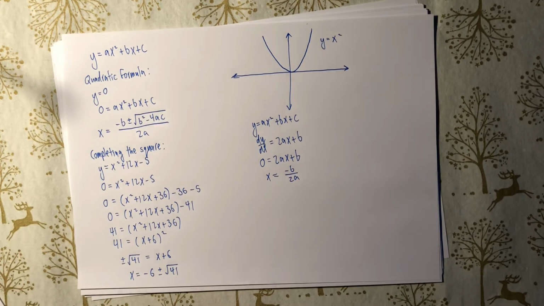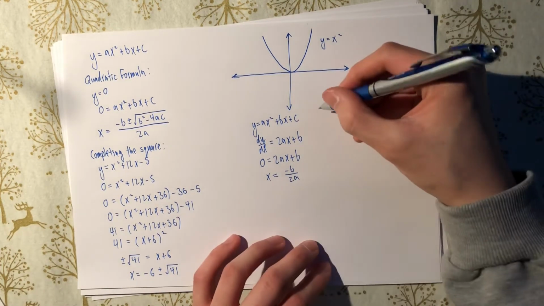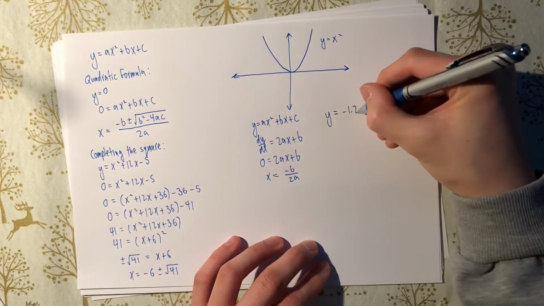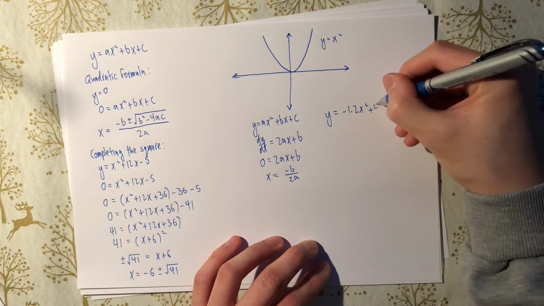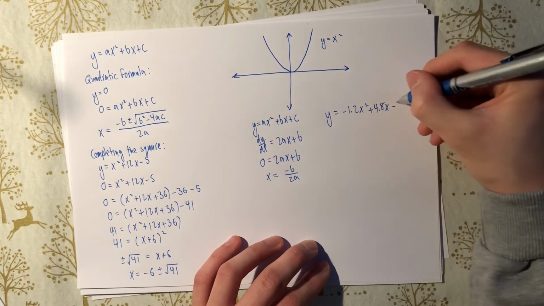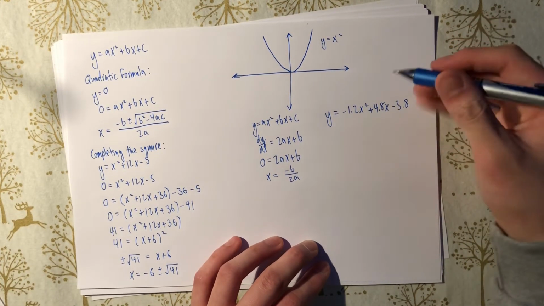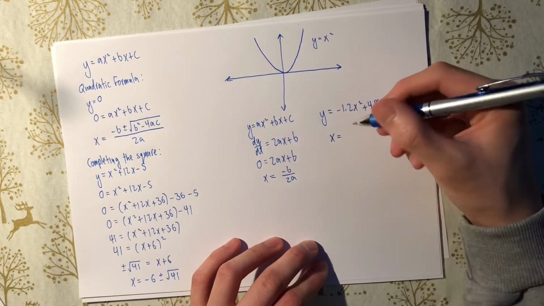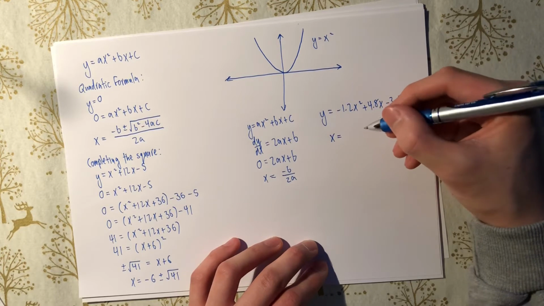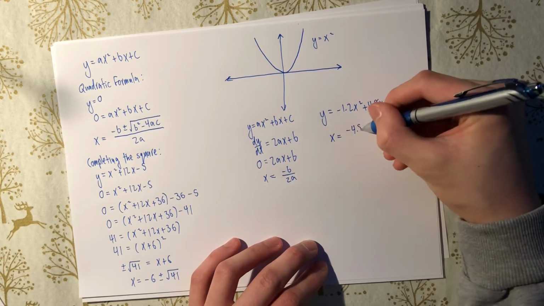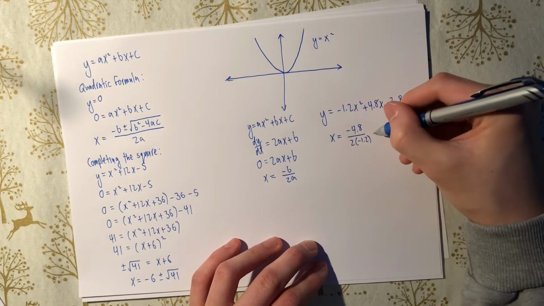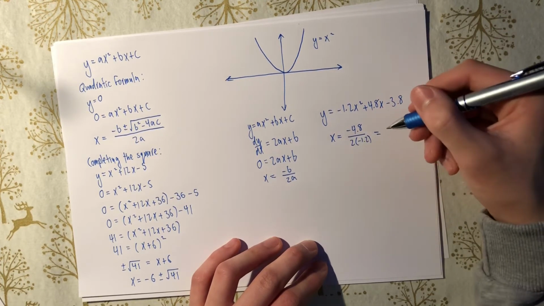Now let's do an example of that, finding the stationary point of some graph. We're going to use the example y equals minus 1.2x squared plus 4.8x minus 3.8. As we said before, the x value of the stationary point is given by minus b over 2a, which is minus 4.8 over 2 times minus 1.2, which is equal to 2.